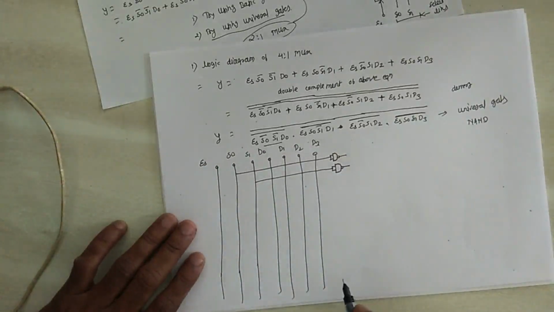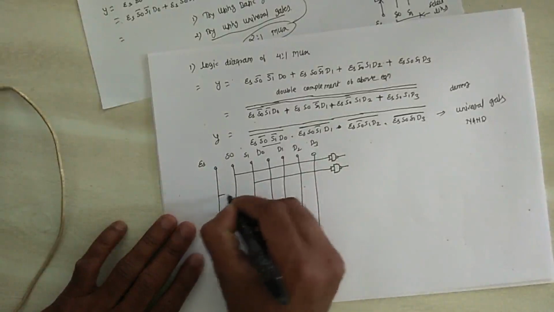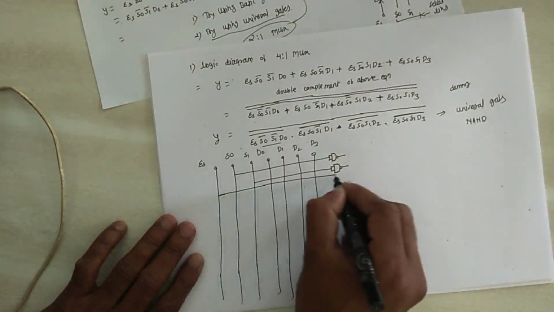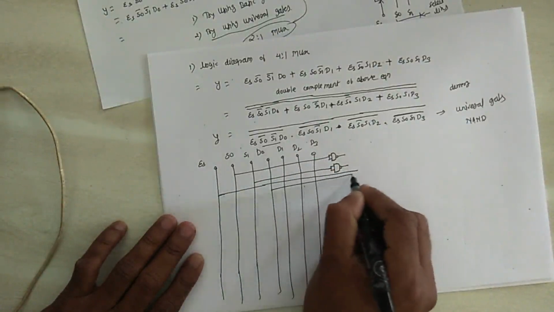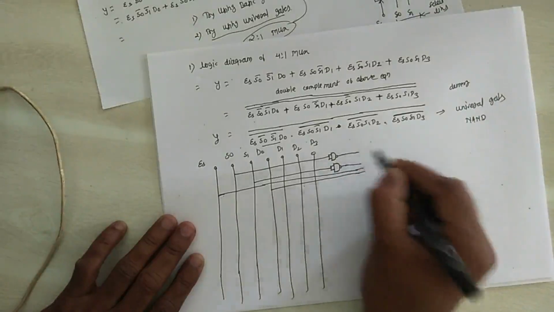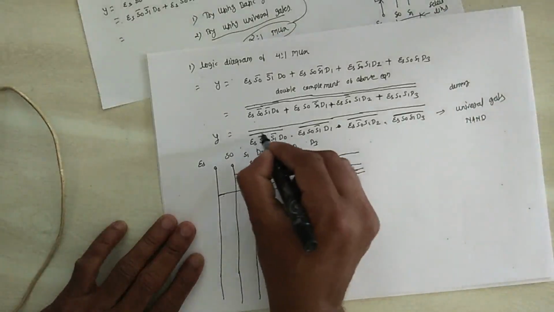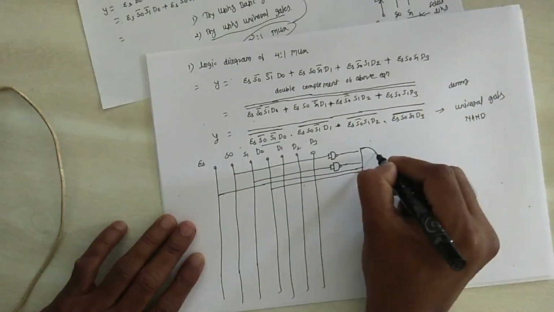This is S1 complement. In the first term, ES is remaining, so take ES, and D0 is remaining, so take D0. These are the 4 variables in the first term, and we need the complement of this, so take one more NAND gate.